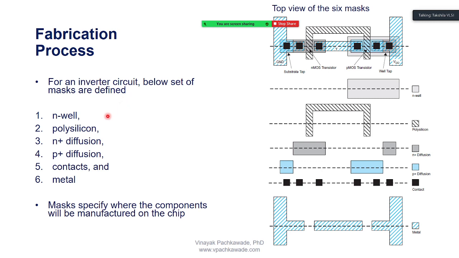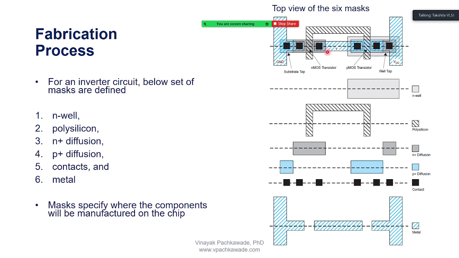There are about six masks called N well, polysilicon, N plus diffusion, P plus diffusion, contacts, and the metals that we have used specifically in a certain area on the wafer, and that's how we are able to create a transistor layout. This is called the transistor layout for a circuit.